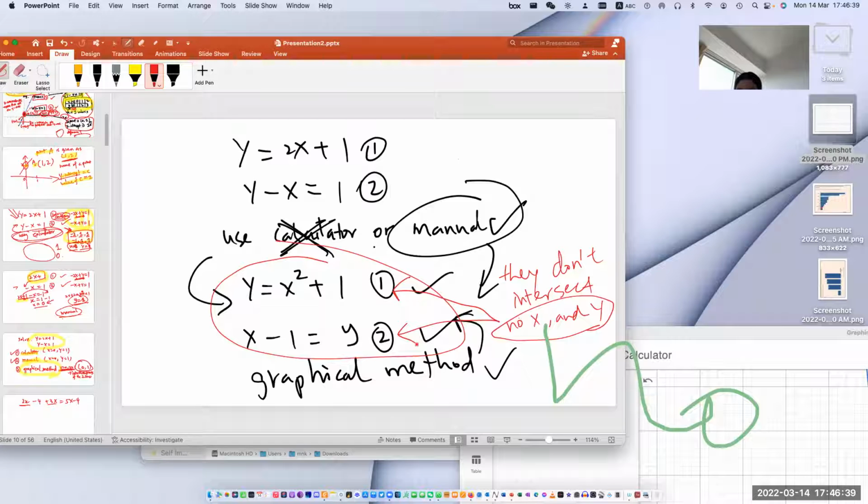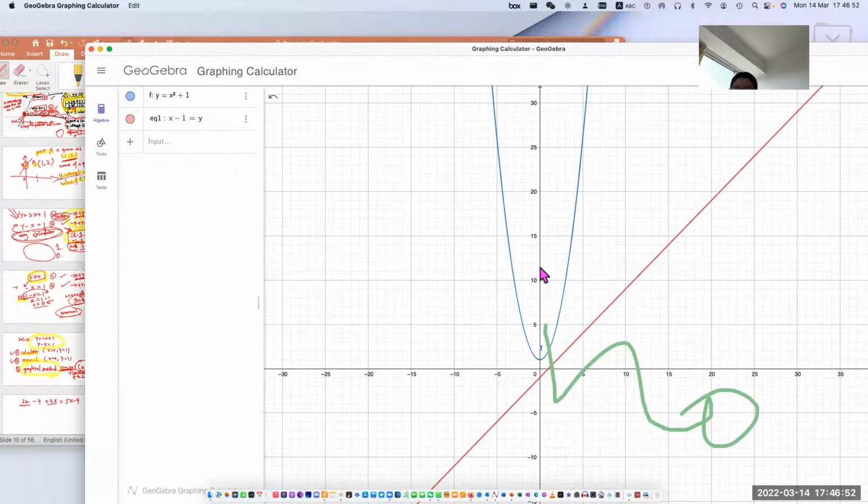That means no answers. Like I say, no answer is also an answer in secondary school. You need to explain. You explain by this: since the two of them don't have intersection points, there is no solution, or there is no answer. There is no x and y.